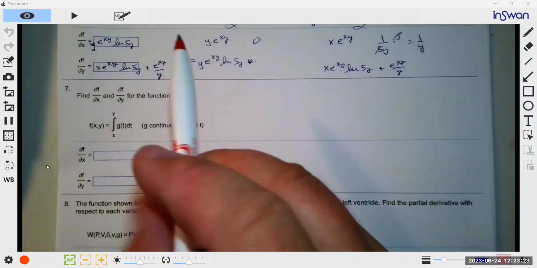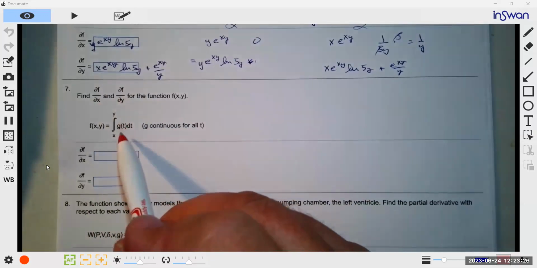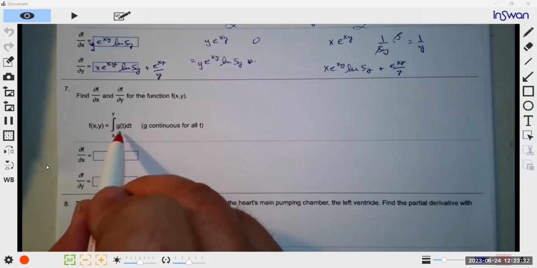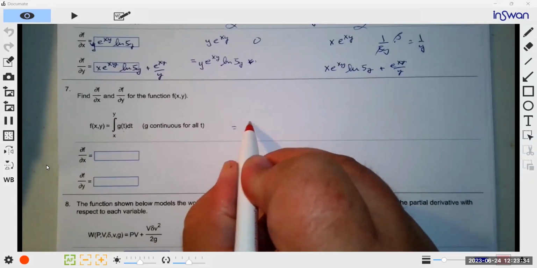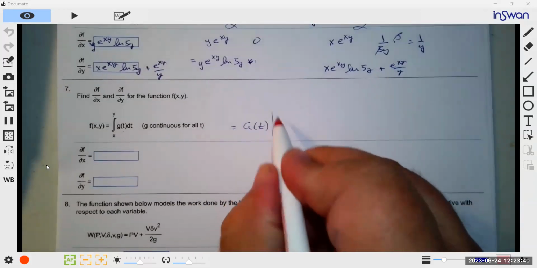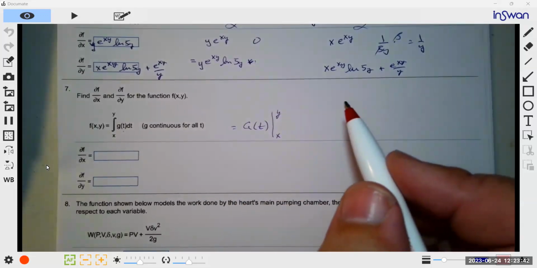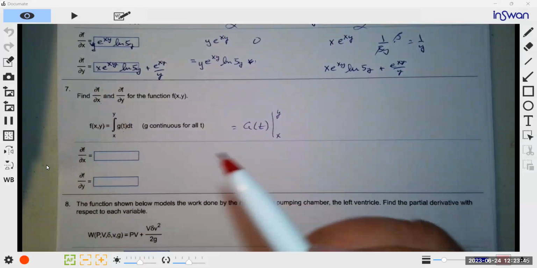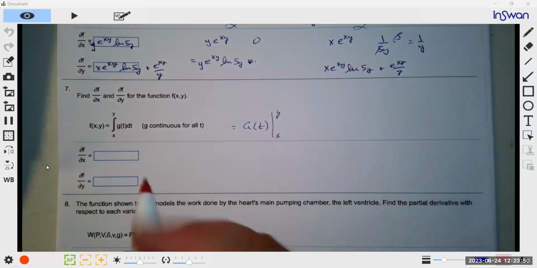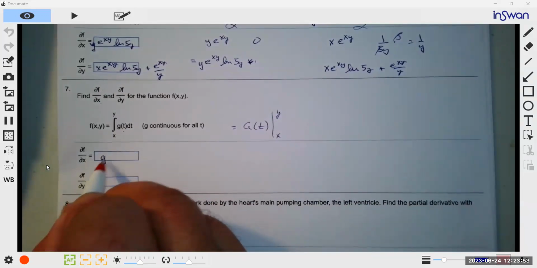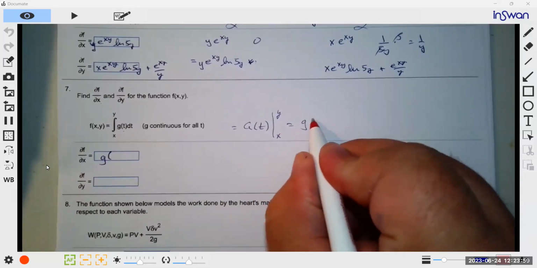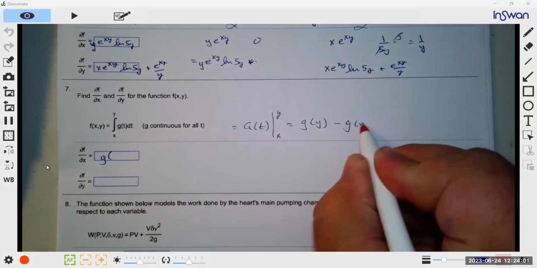Number 7. Find the partials with respect to each, of the integral of g of t with respect to t, but now we've got to find the partial. Well, this is g of y minus g of x.